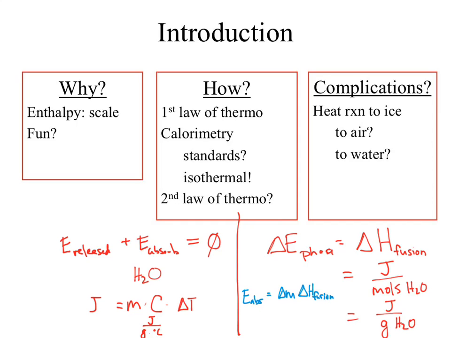Okay. Why mass? It's easier to measure mass than it is moles. If you want to do moles, that works just as well. Okay. That's the change in mass of what? Of whatever changed phases. Okay, so ultimately our ice going to liquid.